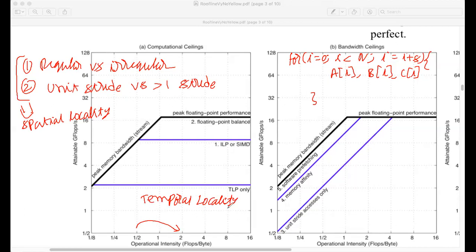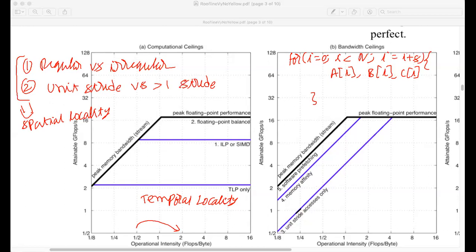And in order to increase or utilize the maximum available memory bandwidth, we try to go from irregular memory accesses to regular memory accesses, and from strides which are greater than 1 to move towards unit strides.